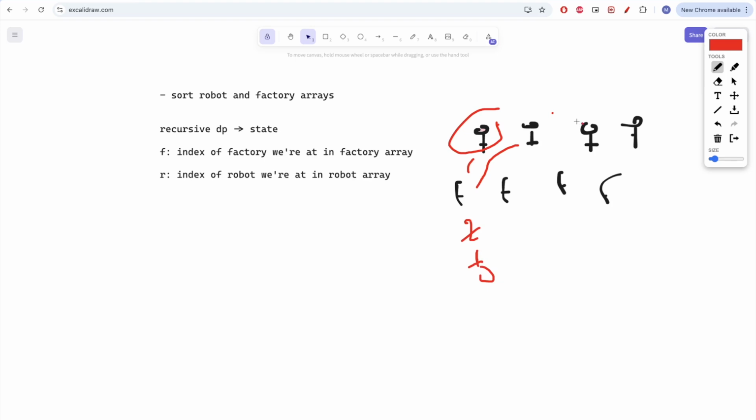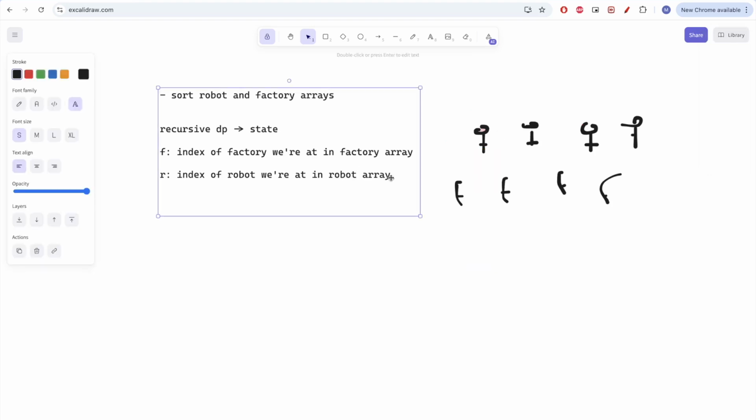For this one we can't, so we have to go to the next one. So we need to keep track of how many robots were already assigned to the current factory, so that we can know if we can assign the current robot to it or not, and the next robot to it or not, okay? So we also need, let's call it K, which can be the number of robots already assigned to factory F, right?